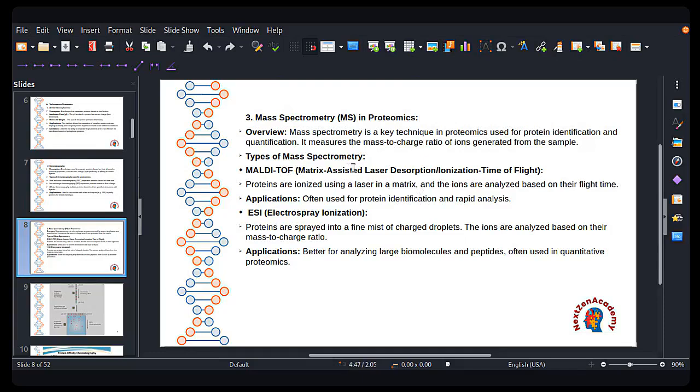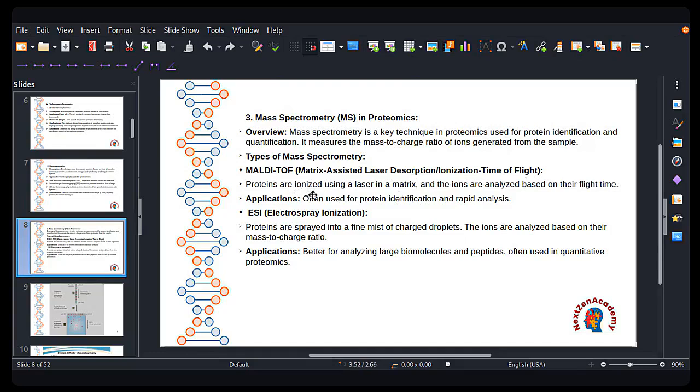So, what are the different types of mass spectrometry? See, it's the full form, MALDI-TOF. There's a question in your MCQ, so remember it. It stands for matrix assisted laser desorption ionization, time of flight.